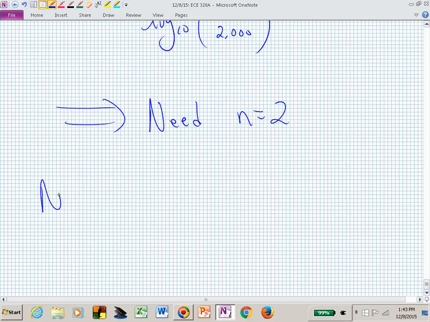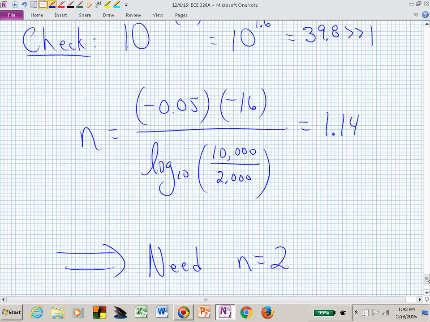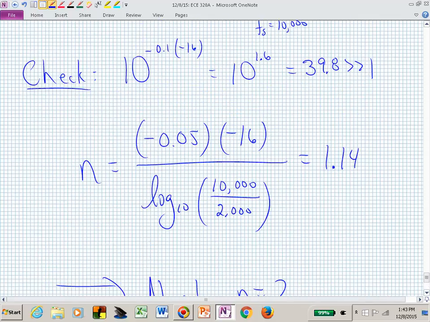Yes? Why don't we just round down to one? The question was, why don't we round down to 1 instead of going all the way to 2? That's for you and your boss to decide. So if you go into your boss and say, well, it's really demanding a little bit more than a first order, do we want to spend the expense of getting a second capacitor to get the attenuation we want?